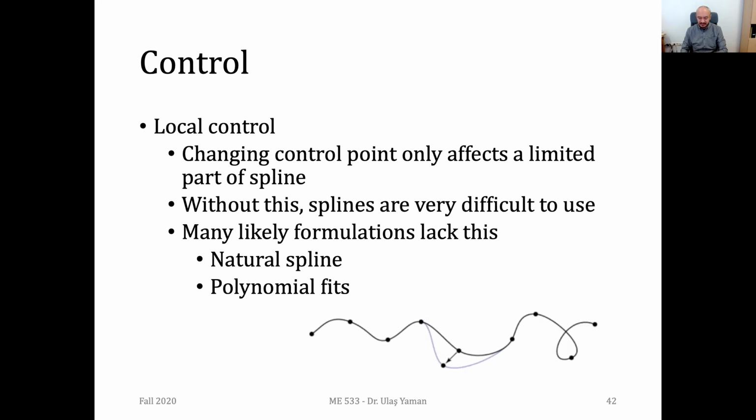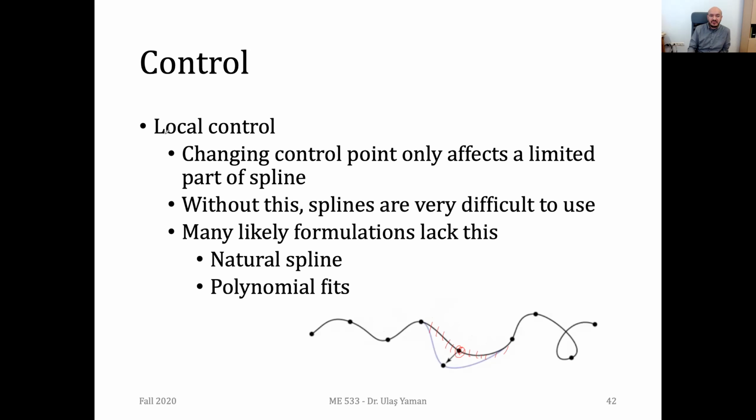If you look at this example here, we are playing with this control point, and it belongs to this segment. So if you move it, then only this part will be affected. The other regions of the whole spline will not be affected.